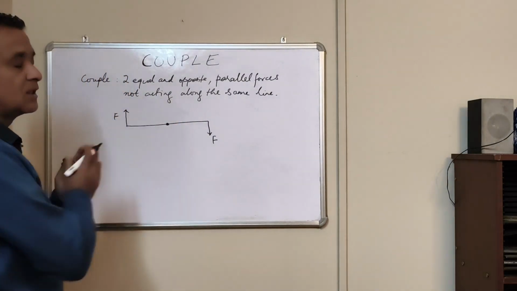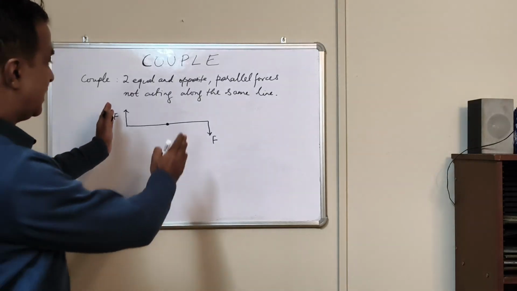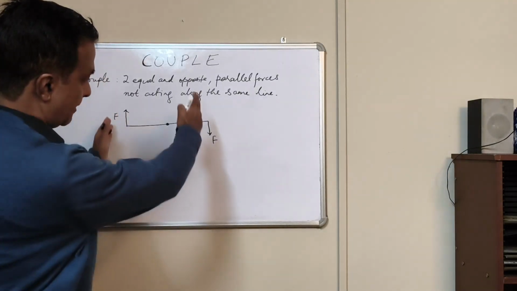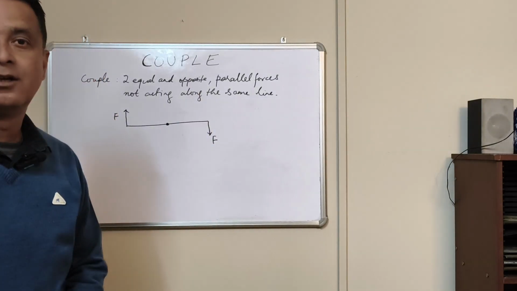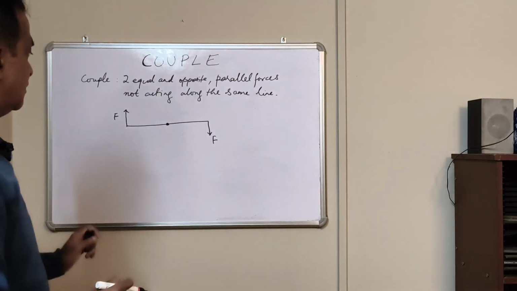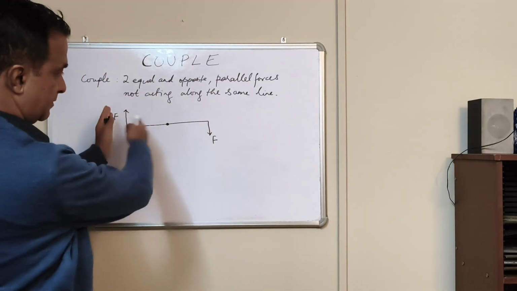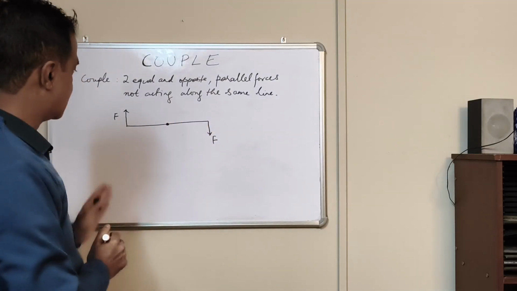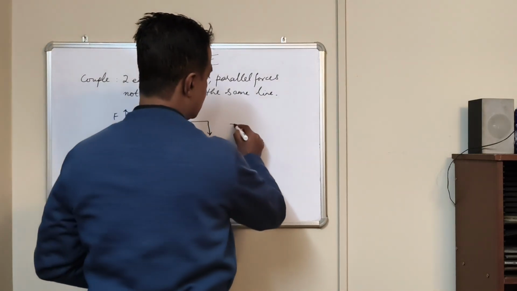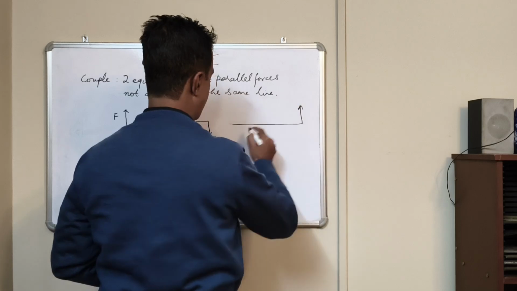Now this is what constitutes a couple. Two equal and opposite parallel forces not acting along the same line. So not along the same line, but separately here. There's a distance of separation between the two forces. It could be this way or it could be, say, this way.